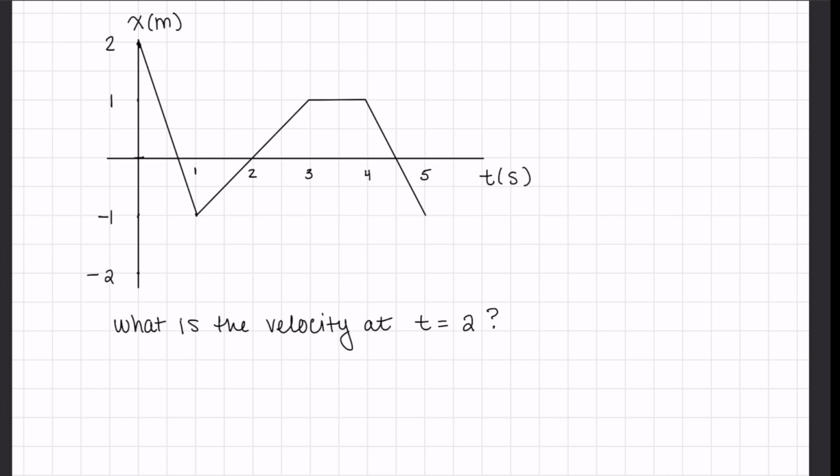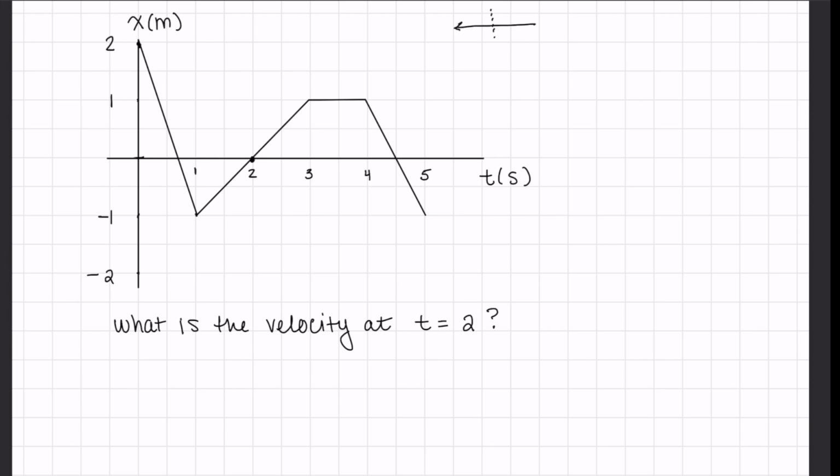And you might look at this and your first instinct might be just to go to the 2 and read whatever value this is, and that's 0. So that would be incorrect because what you're reading off of this graph directly is going to be whatever the position is. So basically you're going to have some object that was moving in the opposite direction.